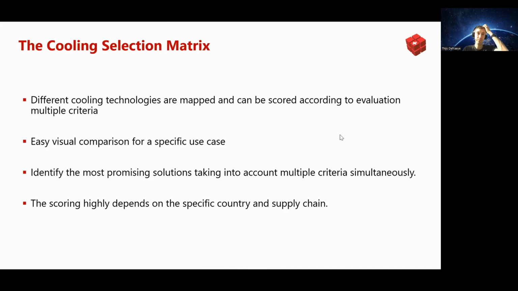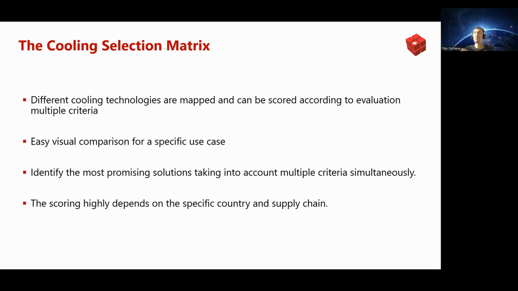Now, what is the idea behind this cooling selection matrix? The idea is that we have these different cooling technologies, all these different active and passive cooling technologies, which we map, and that we score them according to all these evaluation criteria, which I just mentioned, or most of them actually. And the idea is that we then have a complete overview, a visual overview, a quantitative overview as well, that allows you to compare different technologies for a specific use case, or different evaluation criteria for, let's say, different technologies.